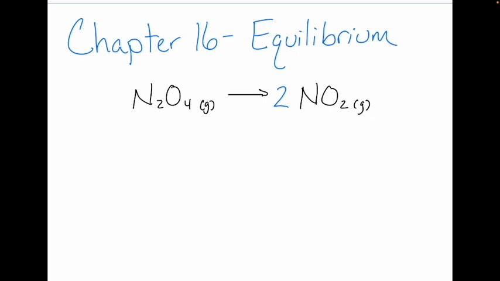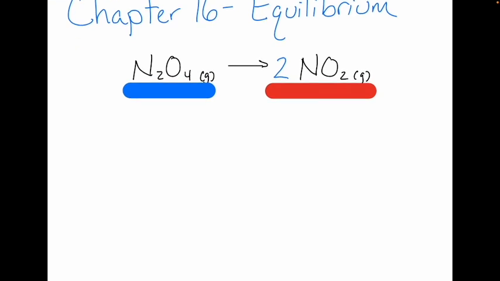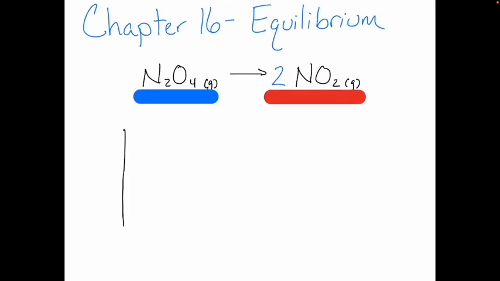So we're gonna make a little graph here. I'm gonna keep track of my reactant in blue and my product in red on this graph, okay? And what we're going to do is we're going to make a plot of concentration versus time.